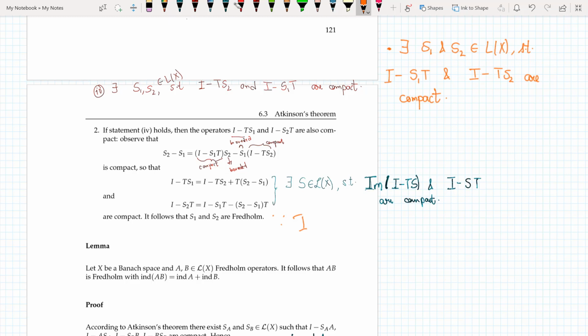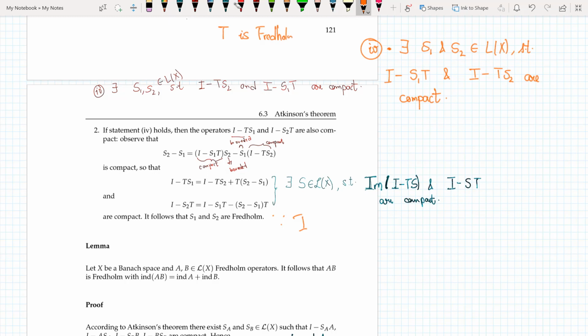Now let's do S2 minus S1. S2 minus S1 can be written like this. From above, I know that if 4 holds, that S1 and S2 belong to L(X) such that these are compact, then I can say that T is Fredholm.